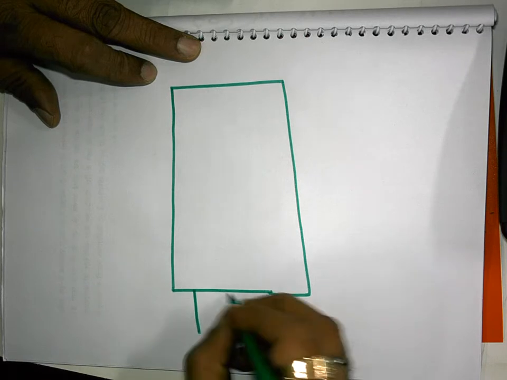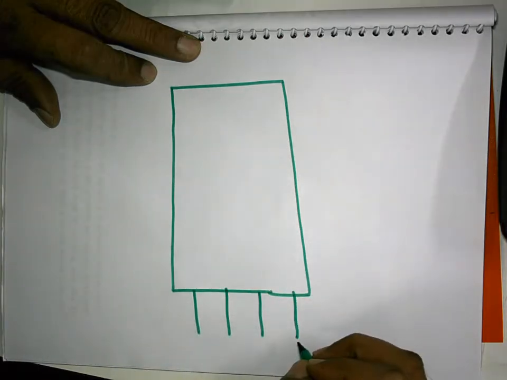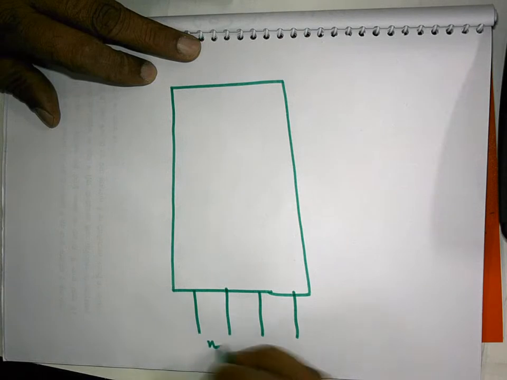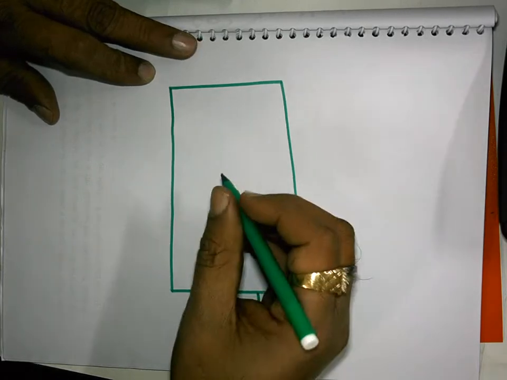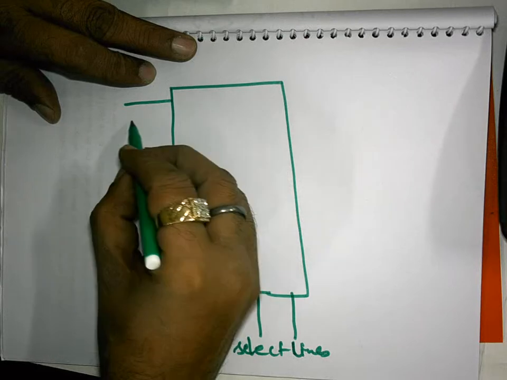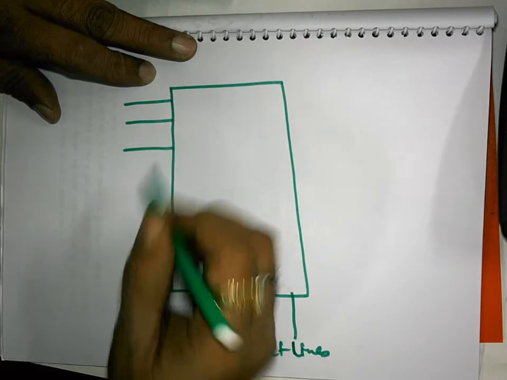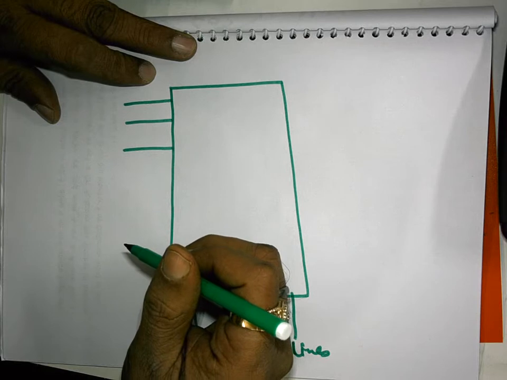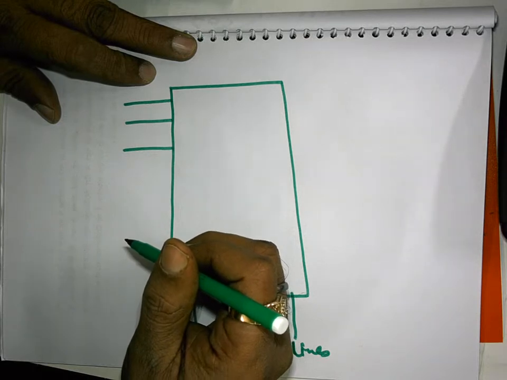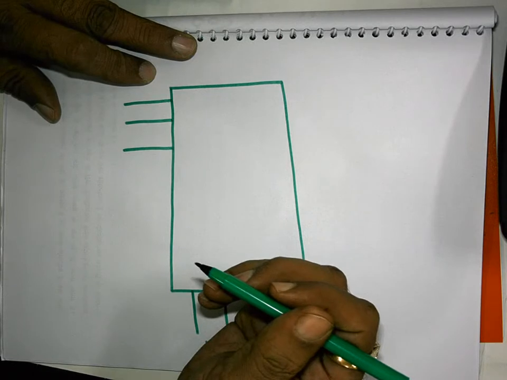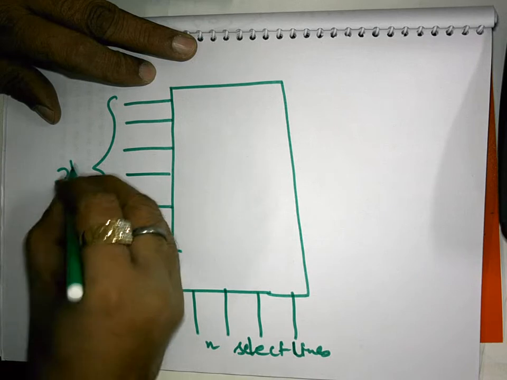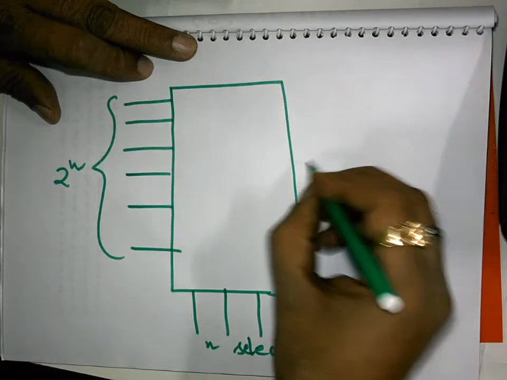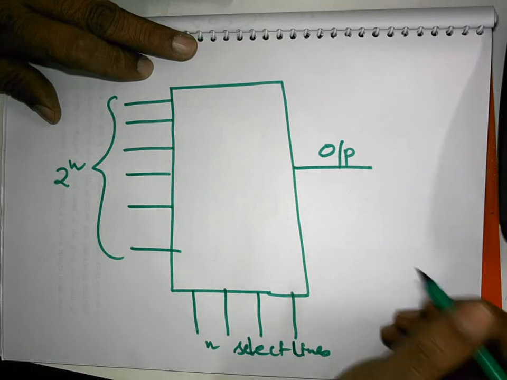Similar to a decoder, we have n select lines, and we will have 2 to the power n inputs, because at each min term we have an input. So we can have 2 to the power n input lines and 1 output line.